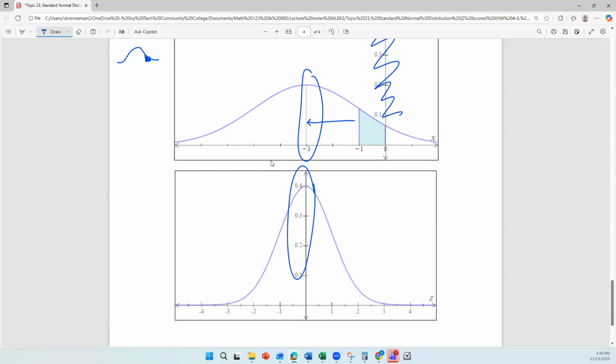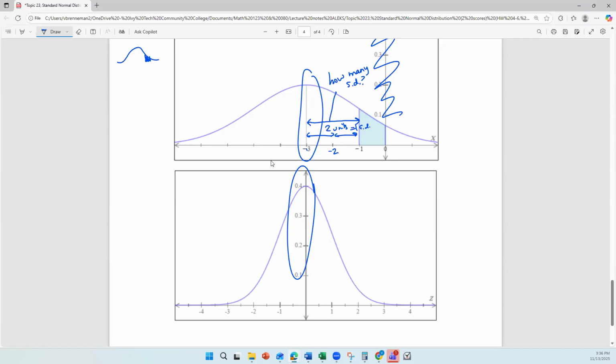I need to just say, how many standard deviations is this? A standard deviation is 2. From -3, this would be -2, -1, that's 2. This is 1 unit, 1 unit. 2 units is 1 standard deviation.